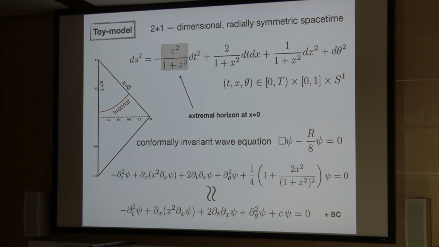And of course, we also want to have some kind of boundary conditions. In particular, we will choose that at x equal to 1, our solution satisfies Dirichlet boundary conditions, while at the event horizon, we just want the solution to be regular.